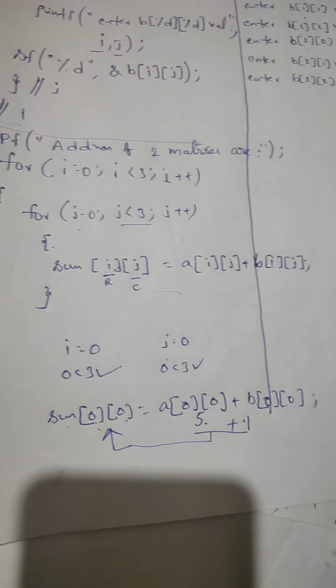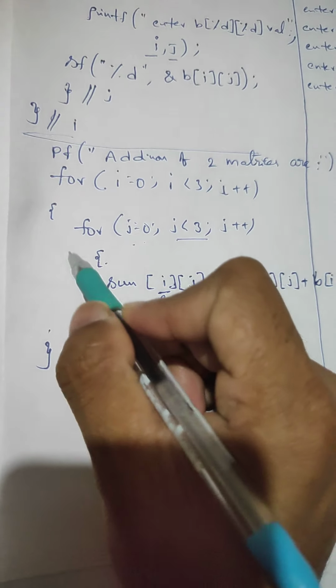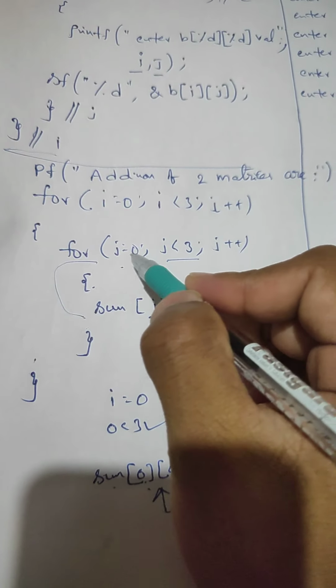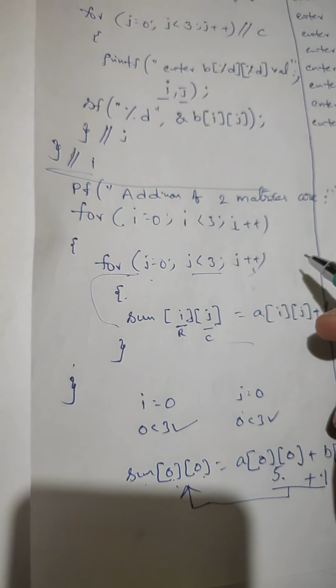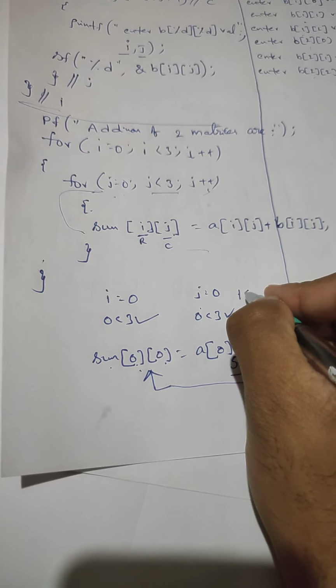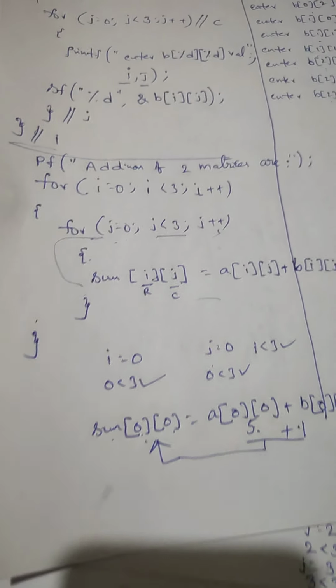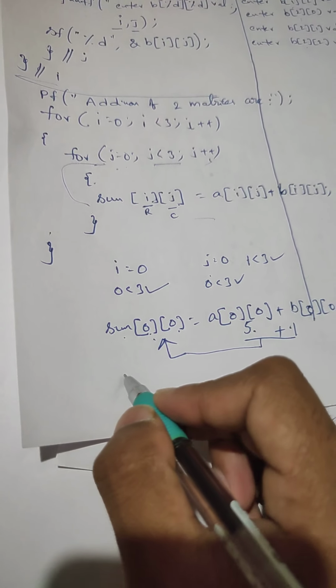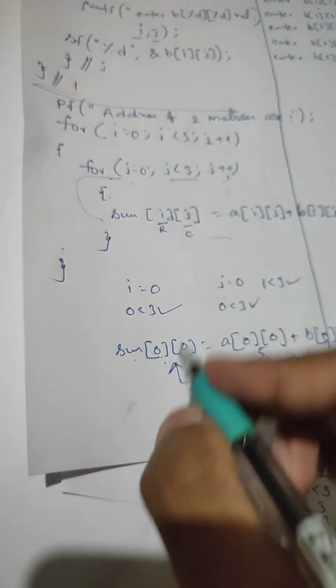And after that, again the controller goes to j plus plus. So j plus plus means the j value is incremented by 1. In that case 1 is less than 3, again the condition is true, then the sum statement is executed.